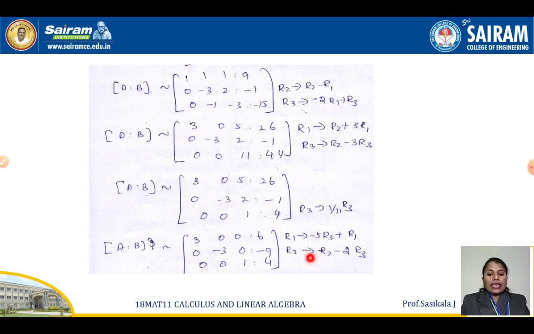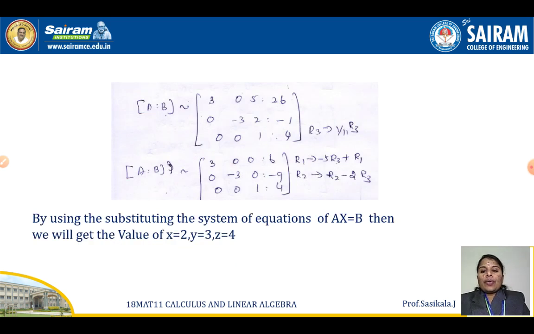So using that, what I will get: R1 implies R1 minus 5 R3, then R2 implies R2 minus 2 R3. You can get the diagonal matrix like that: 0 3 0 0 6, 0 minus 3 0 minus 9, 0 0 1 4. Now you can see how we have got the augmented matrix.